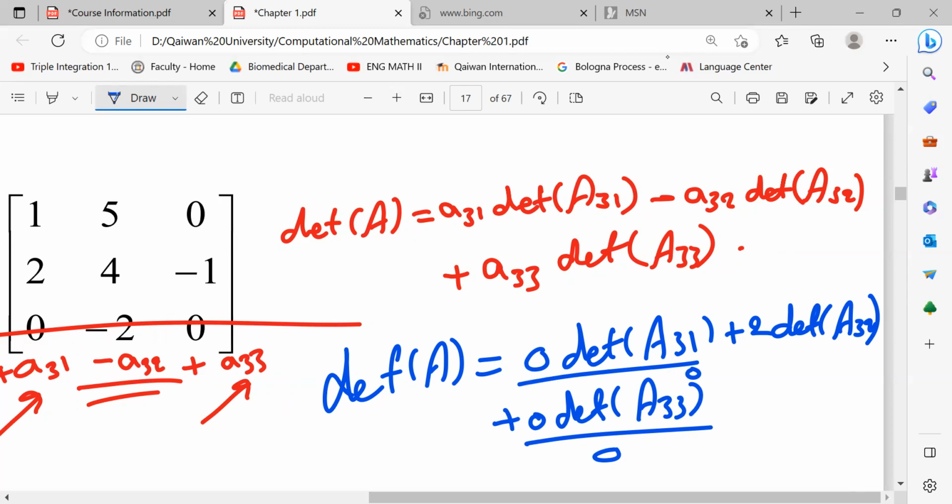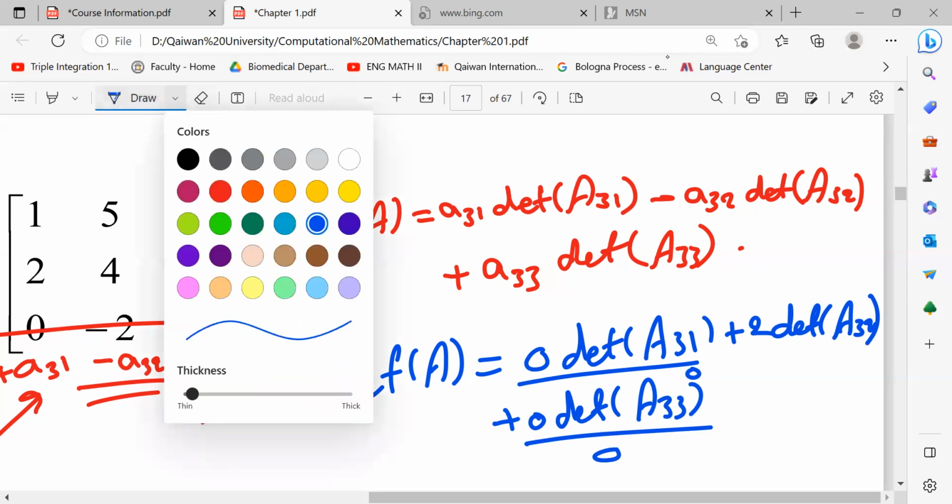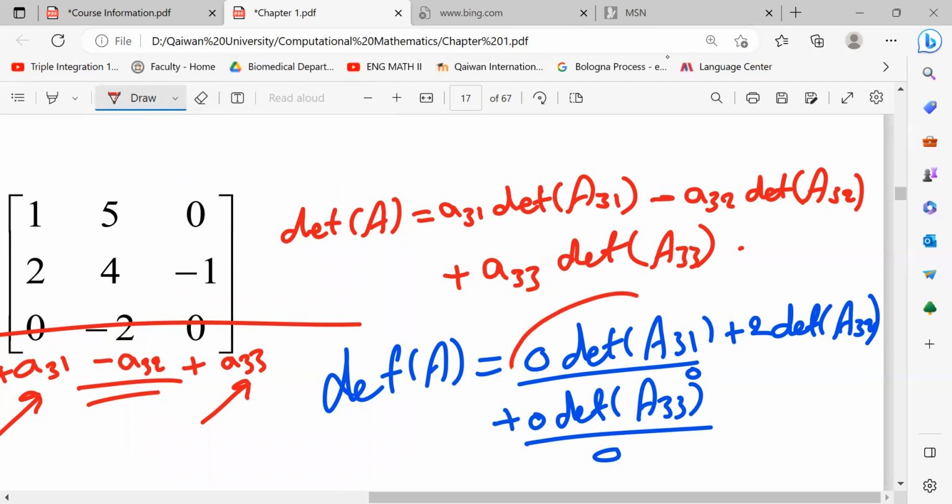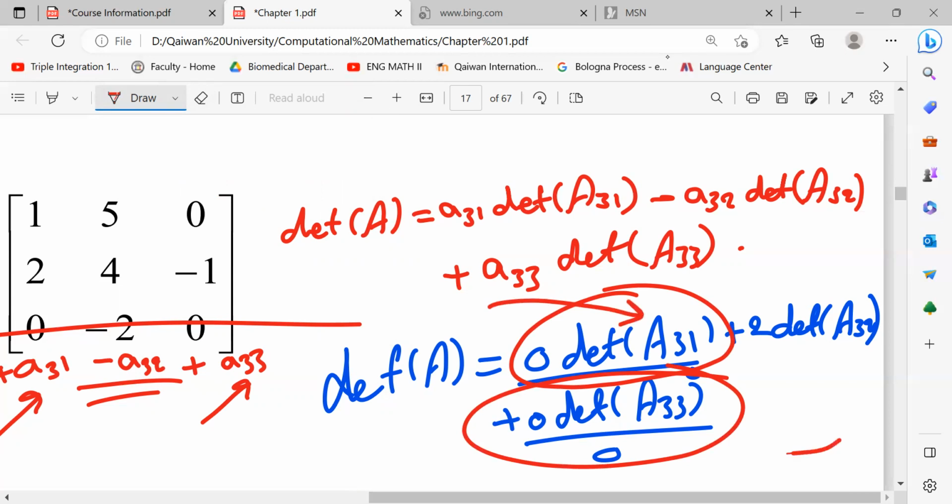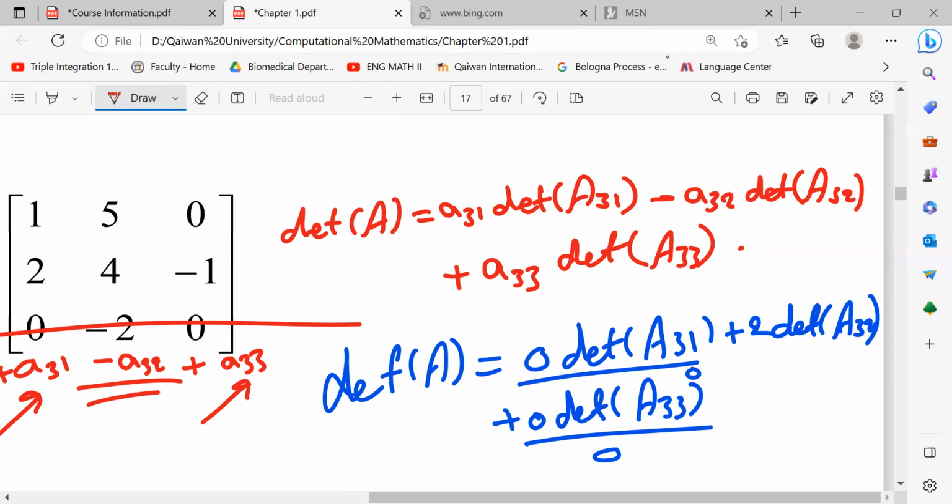We don't need to find capital A31 and capital A33 because those terms are 0. So what do you need to find? Only A32. We just need to find the determinant of that submatrix. So you can save time if you first replace the little a's.